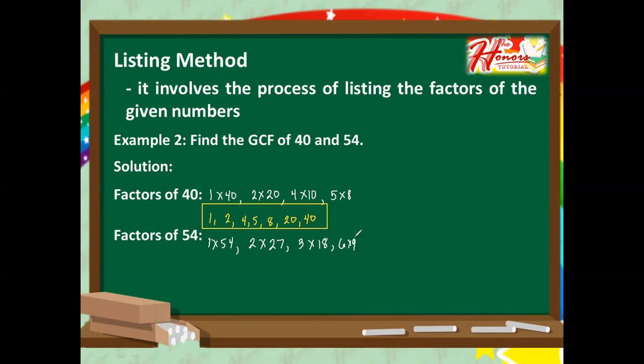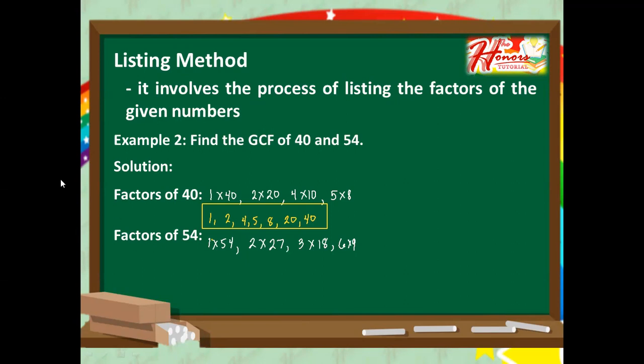7. Is it possible? No, it's not. 8 is not also. If you're thinking of writing 9 times 6, please don't, because you already have 6 times 9. It's the same number. For 10, not possible also.